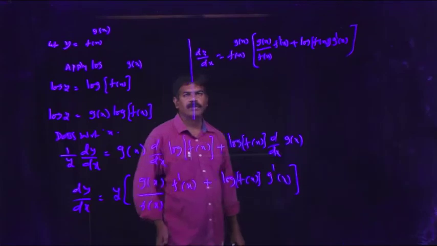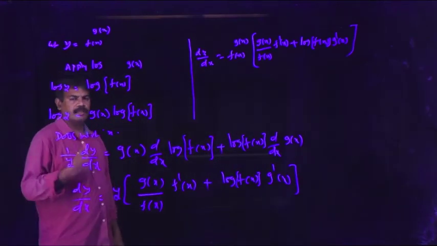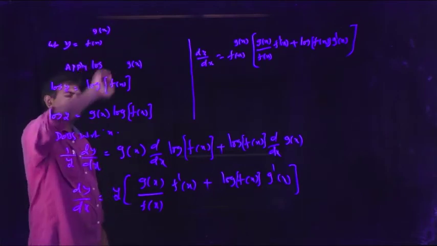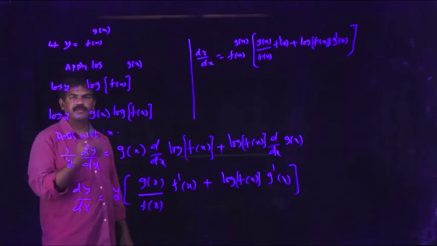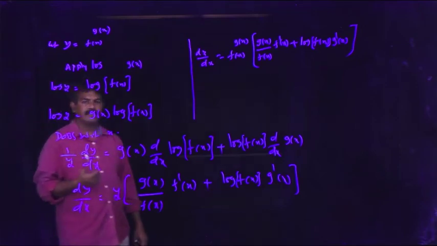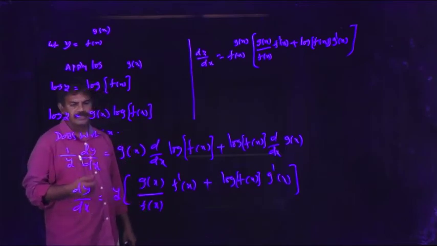This is the working procedure when the given function is in the form of f of x power g of x. That means variable power variable. So this is how we find the derivatives of this type of functions.